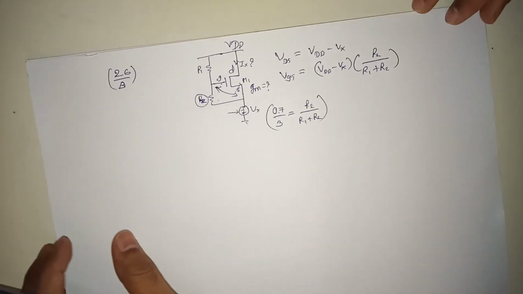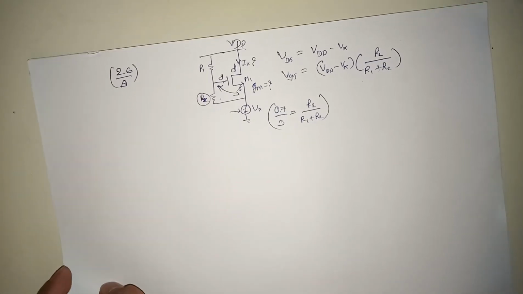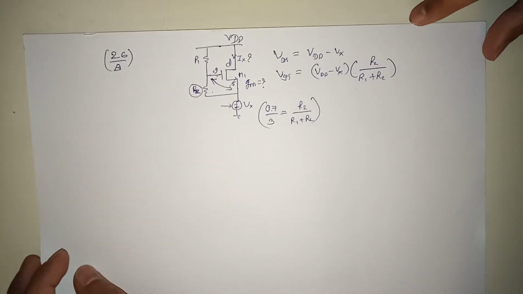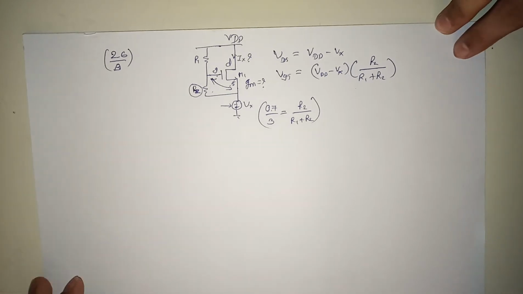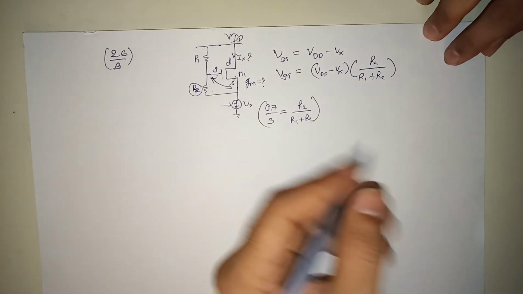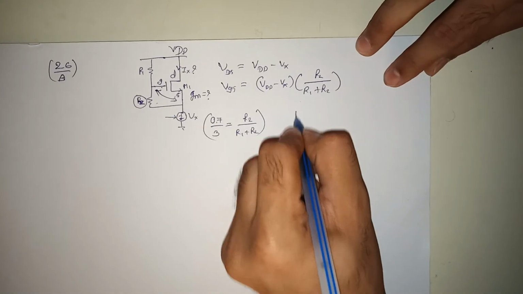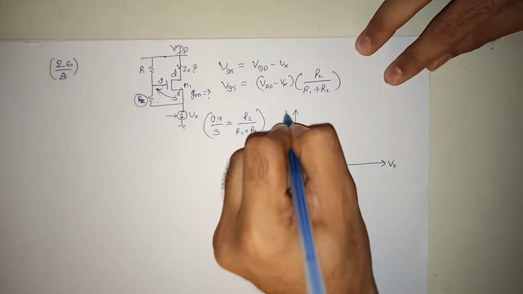Okay, you can go for all also, but just to have an idea of what this problem is trying to tell us, we are not going for those kinds of conditions in which this MOSFET is always on. Okay, so first of all let me draw it, Vx and Ix.